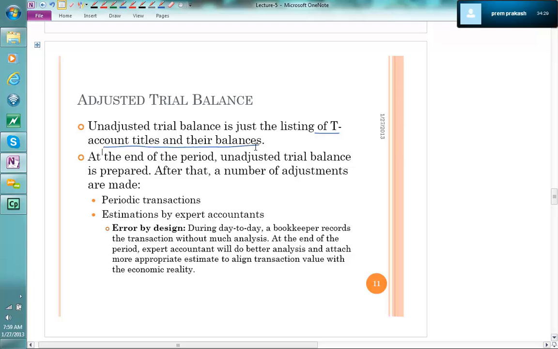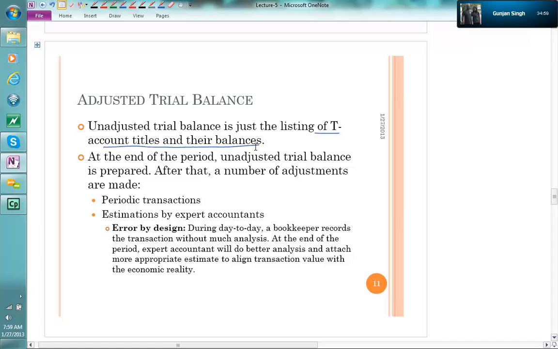The bookkeeper will just take a call, whatever comes to his mind, and make some entry. At the end of the period, when the books are to be verified and clarified and everything is to be checked in nitty-gritty detail, at that point of time you need a special accountant, or people who can attach an economic value to a particular transaction.